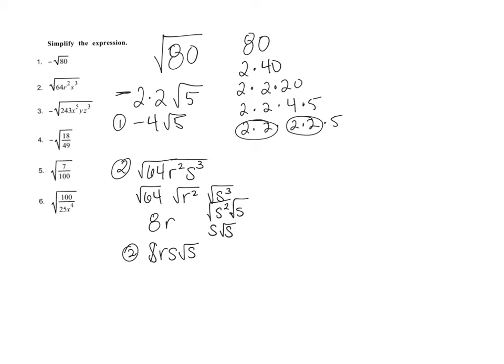Number 3 is the negative square root of 243x to the 5th y times z cubed. So that's negative square root of 243. I'm just going to write it here.